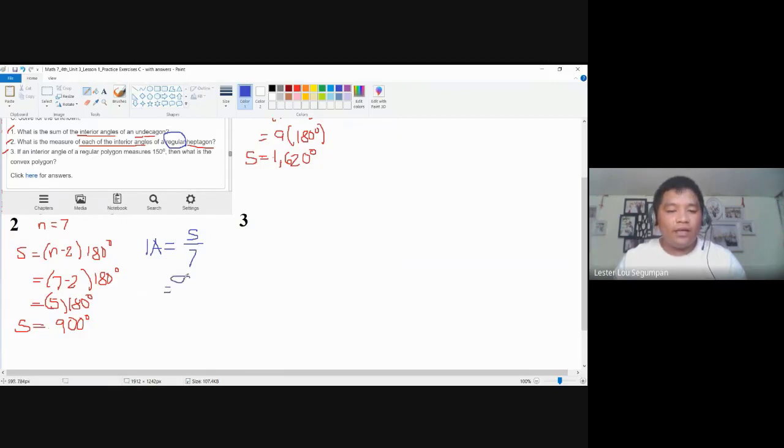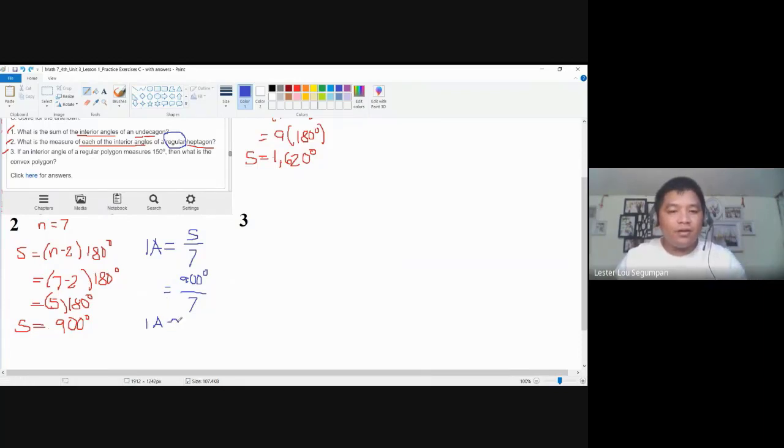So we have 900, sorry for that, 900 degrees over 7. So the sum of the, not sum, sorry, the measurement of each of the interior angles of a regular polygon is given to be, or let us just simply approximate this because this cannot be divided properly.